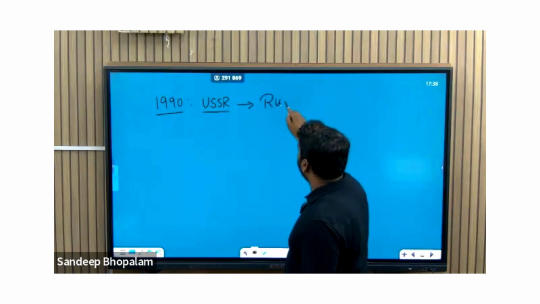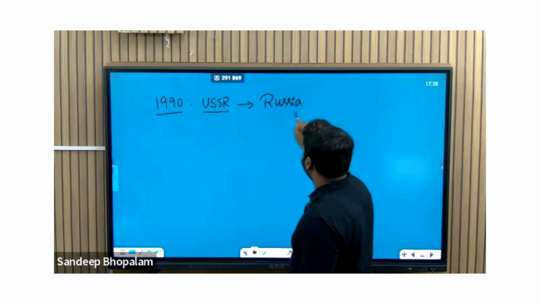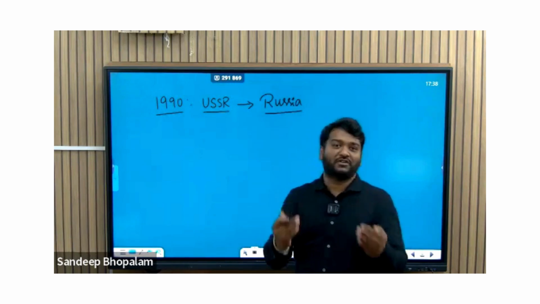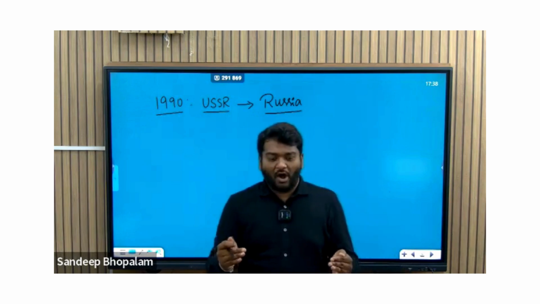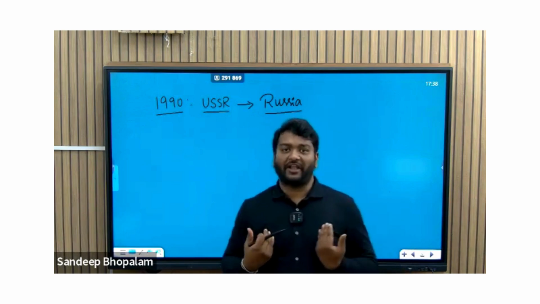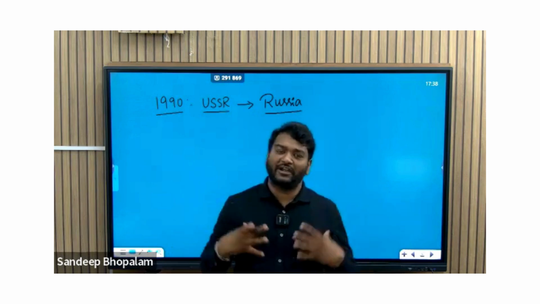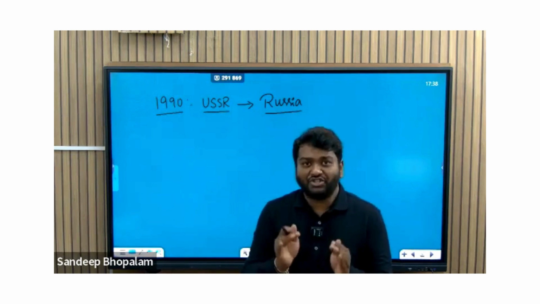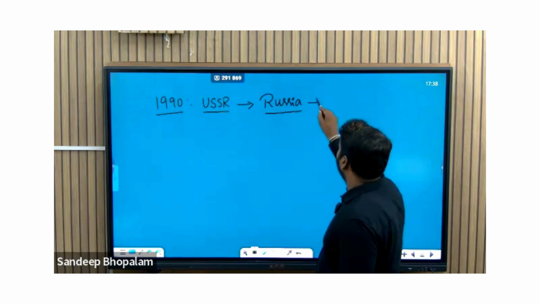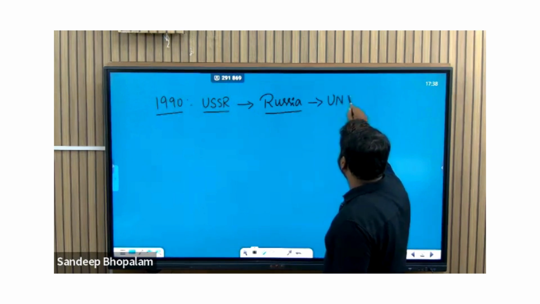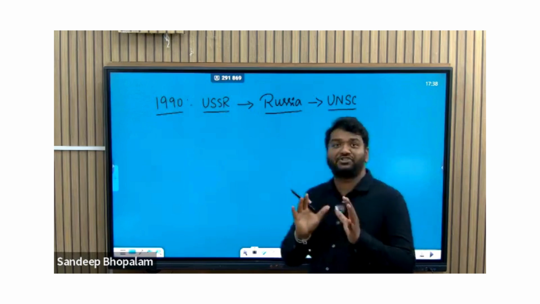In that, Russia said, see, I was the one who started the USSR, so all the blame I will take. Whatever negative is there, I will take. But I should be given United Nations Security Council membership.